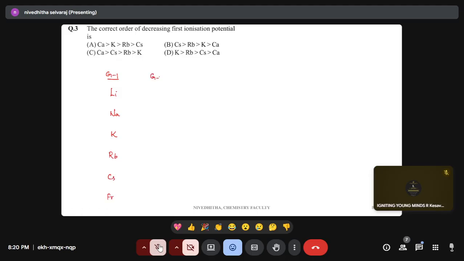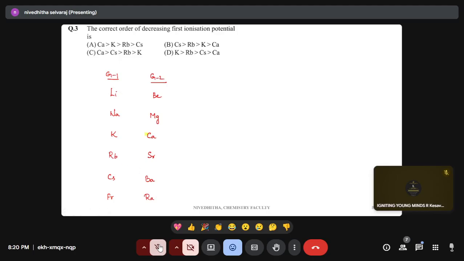In group 2, elements are beryllium, magnesium, calcium, strontium, barium, radium. Okay, so the elements they're talking about include calcium.